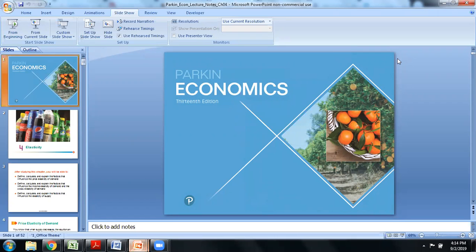Let's suppose you have a business and you're trying to decide if you should raise your prices or not. Well, elasticity would tell you what that would do to your demand. So it's okay if you raise prices and you lose a certain number of purchases, because the price is higher, maybe you generated more total revenue.